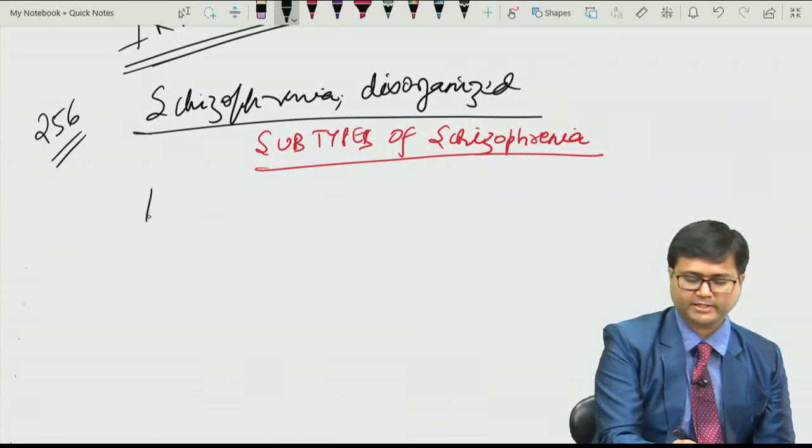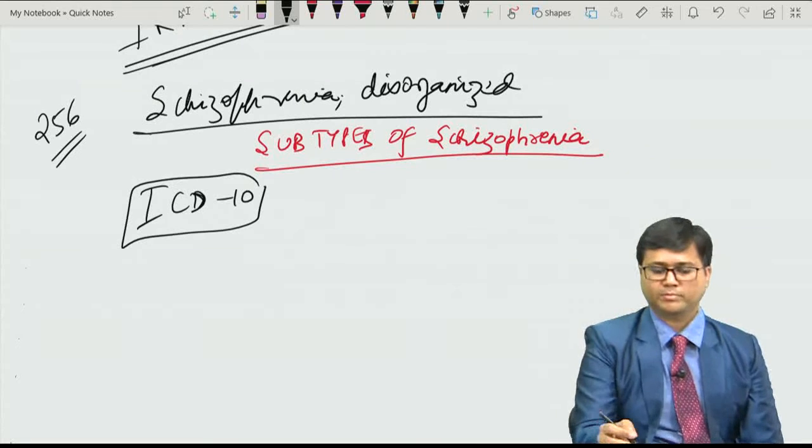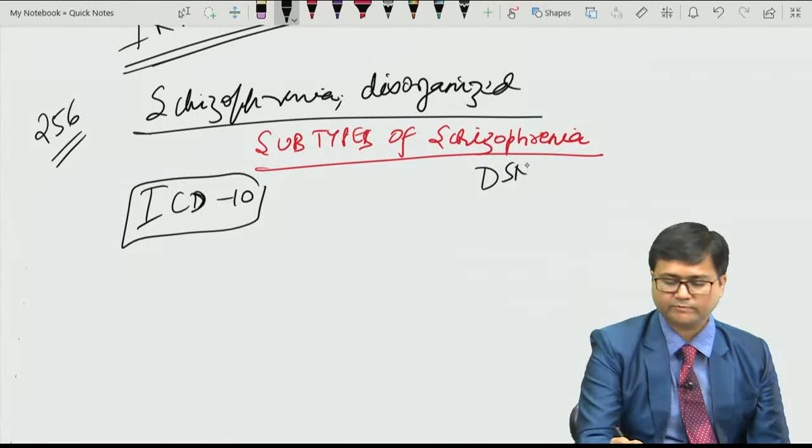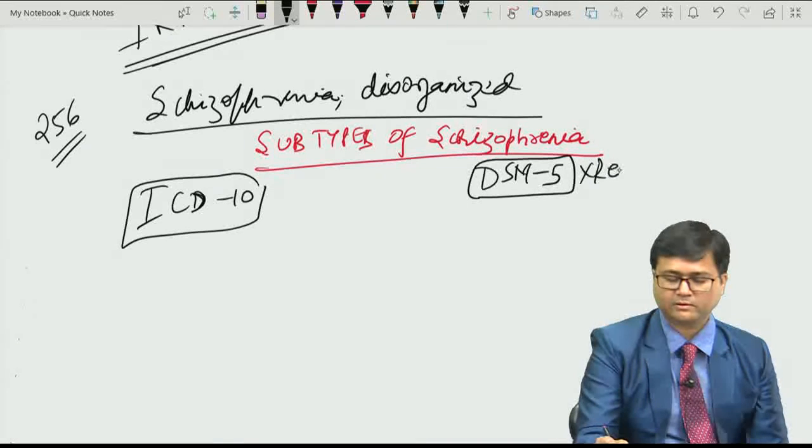Now, these subtypes are classified by ICD-10, International Classification of Diseases 10, but now in the recent DSM-5, these subtypes have been removed.